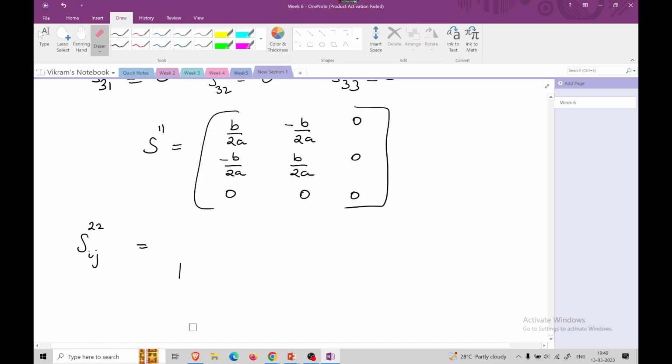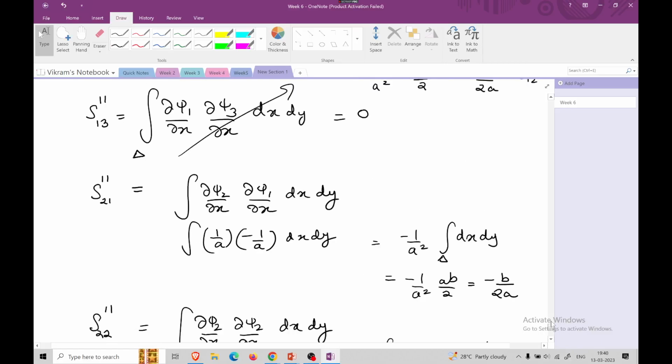Sorry, I have to do it element by element, right? So S11 is the integral of dou psi 1 by dou y into dou psi 1 by dou y into dx dy. What is dou psi 1 by dou y?